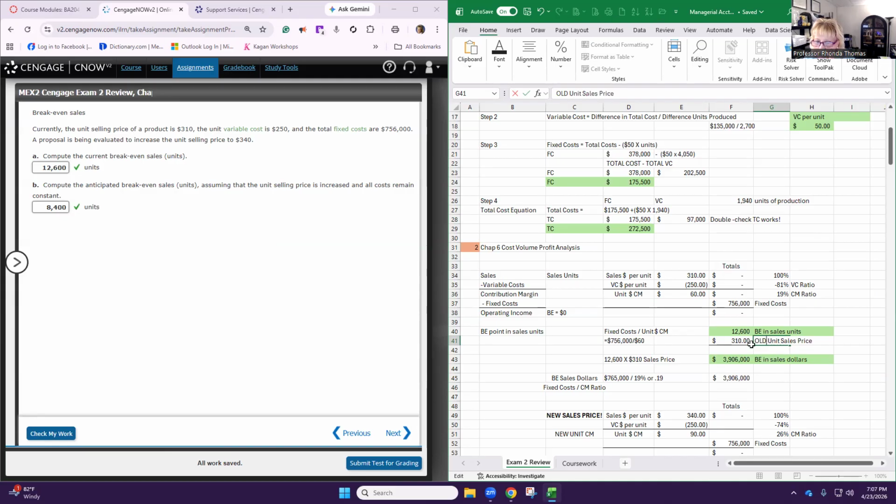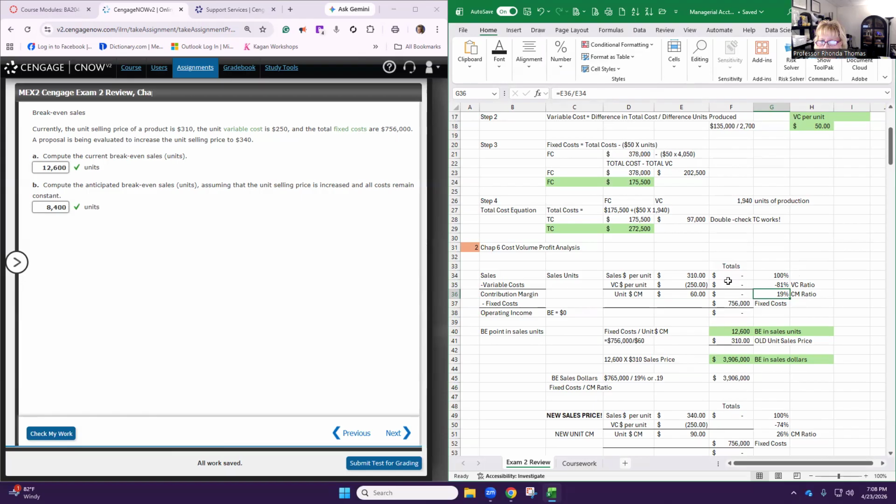Okay, and if you had to put in what the break-even point in sales dollars is, it would be 3,906,000. Now there is another way to find the break-even dollars in sales dollars. You simply take the fixed costs and divide by what's called the contribution margin ratio. Okay, contribution margin ratio is up here.